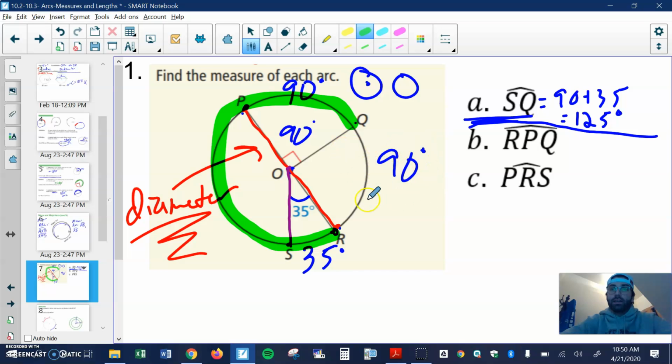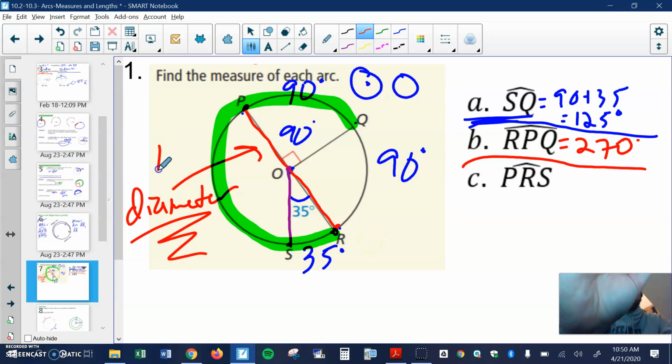Or, since the minor arc is 90 degrees, the major arc is going to be 360 minus that. That gives me an answer of 270 because I did 360 minus this little piece. I could have also done SP as 180 minus 35, so 145, and then just added it that way.